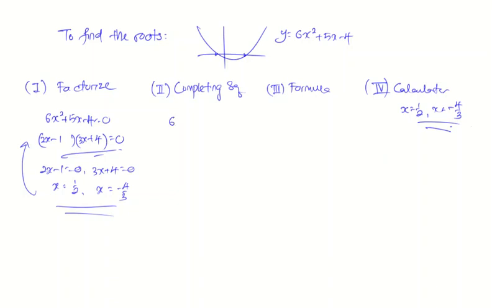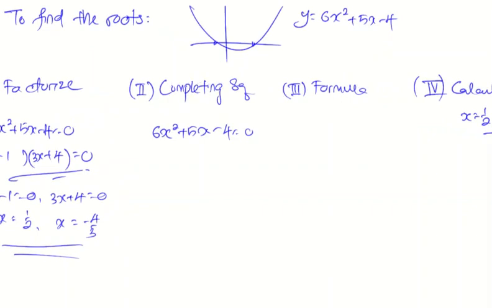Now look carefully at this method. Let me zoom in. Six, I will factorize it out. Factorize everything out. So left divided by 6, right divided by 6, you actually have x squared plus 5/6x minus 2/3 equals 0.